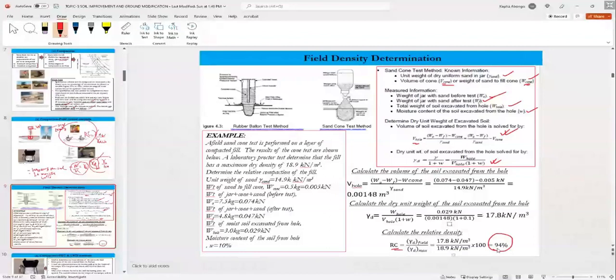What do you do in that case? If you had a target density in the field of 95 and you get about 93, what do you do?